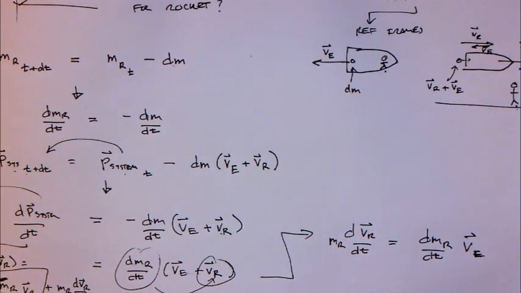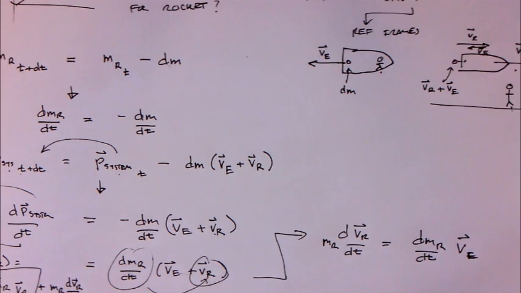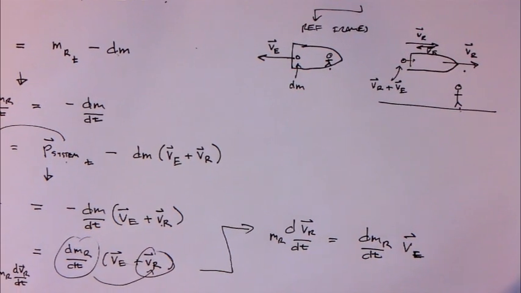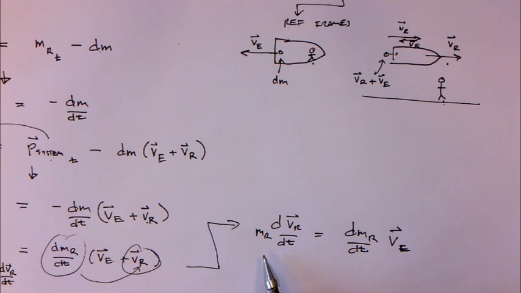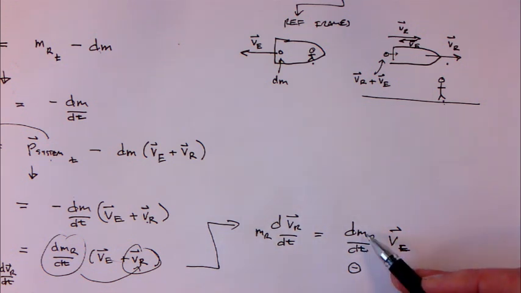Now we could take a minute to think about that equation and see if that actually makes any sense. One of the things we can see in this equation is, let's think about signs first on the right hand side. So dm sub r by dt is going to be a negative quantity, right? The mass of the rocket is dropping in time, so this derivative of the mass is going to be negative.